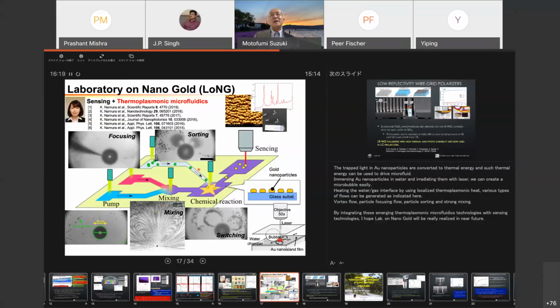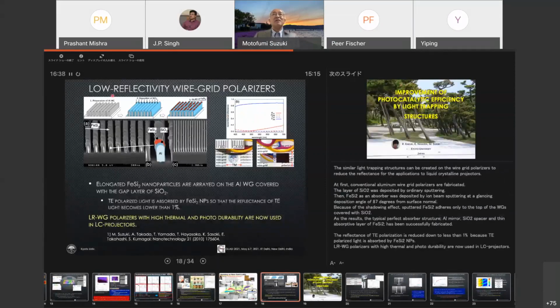By integrating these emerging thermoplasmonic microfluidics technologies with sensing technologies, I hope that Lab-on-a-nano-gold will be really realized in the near future. And another topic is the low reflectivity wire-grid polarizers.